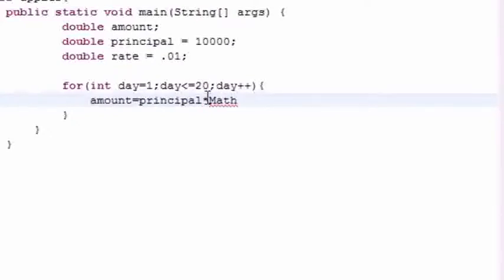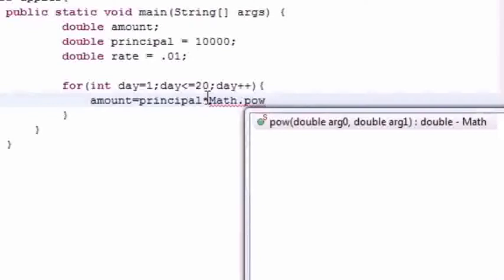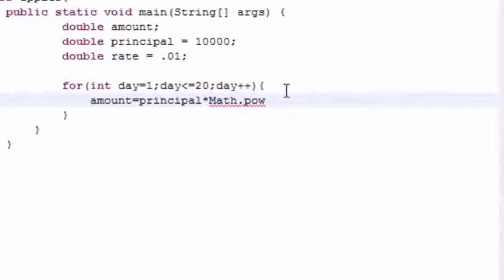Again, you can see right here that it takes 2 arguments. The first argument is what's in the parentheses, and the second argument is the exponent. Let's go ahead and add those arguments right here.